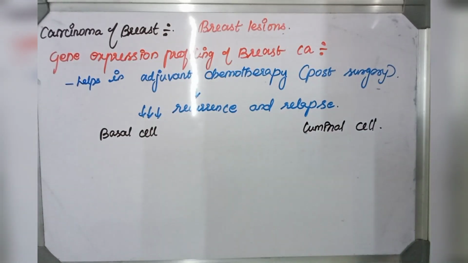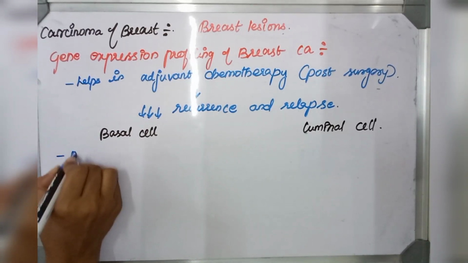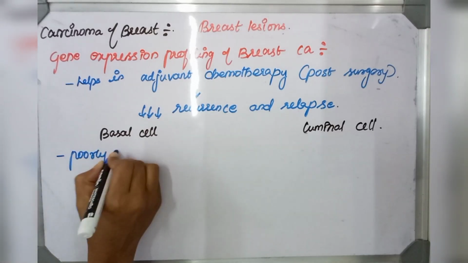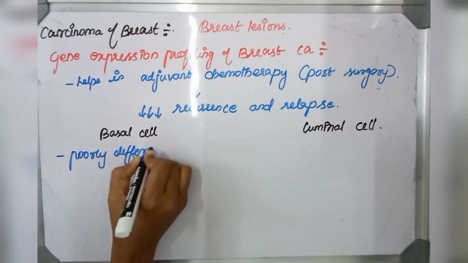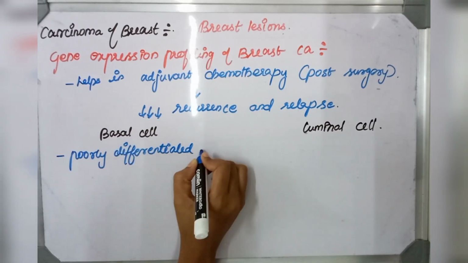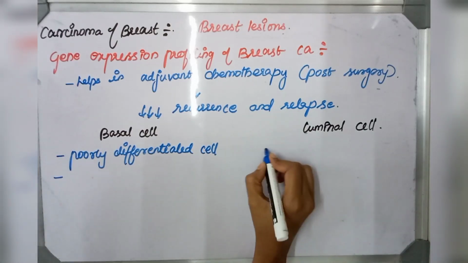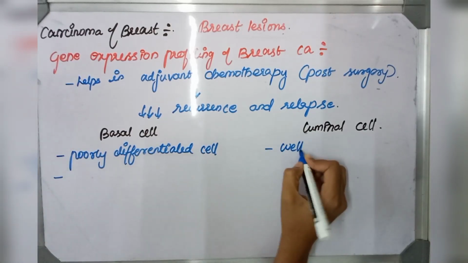We are going to see a few points which are quite opposite from each other. Basal cells are poorly differentiated cells, and luminal cells are well differentiated.